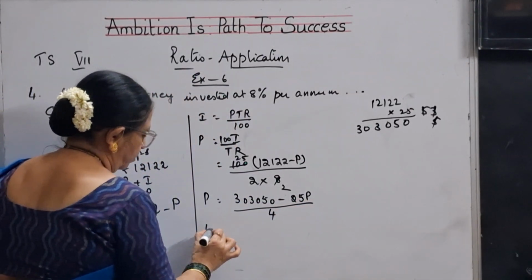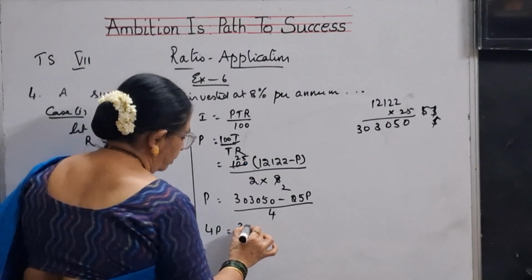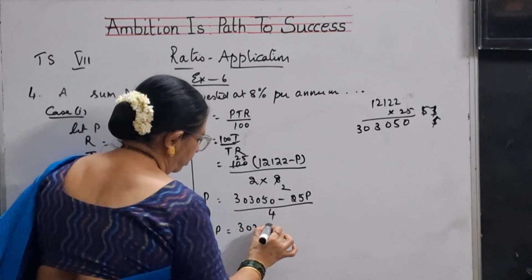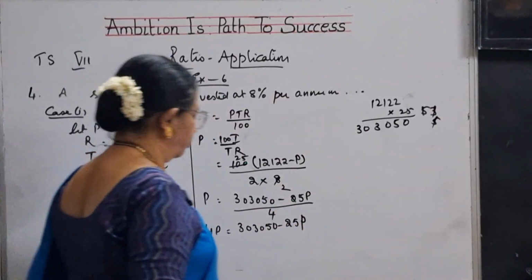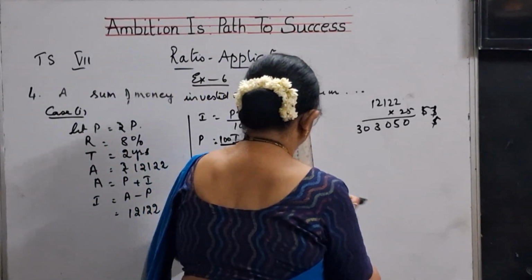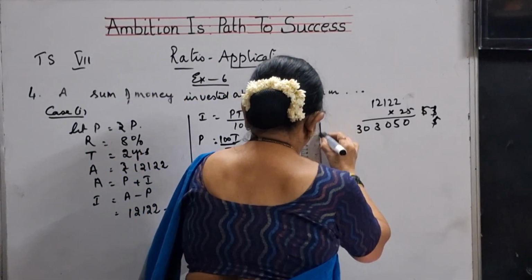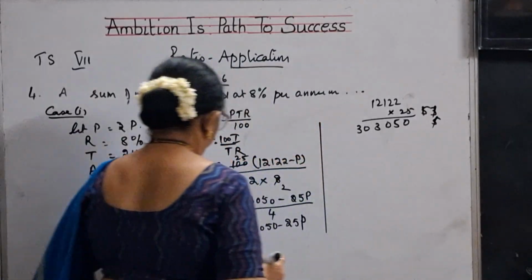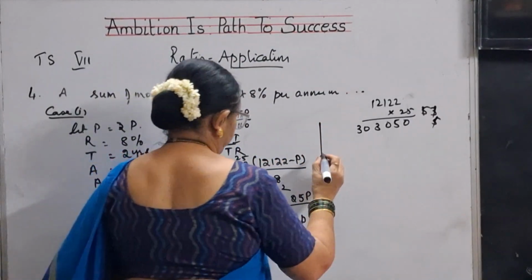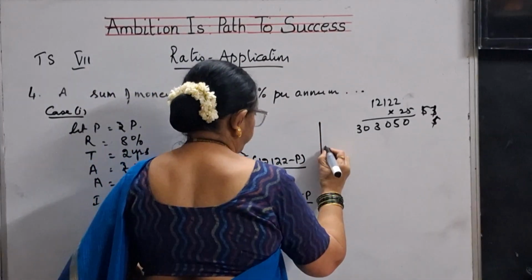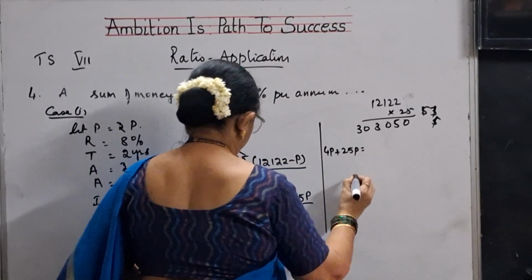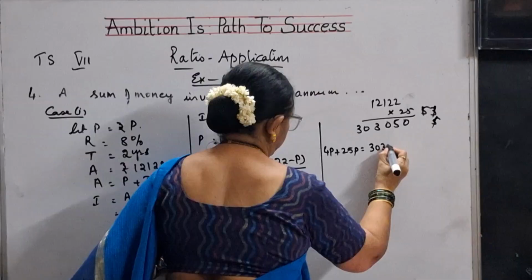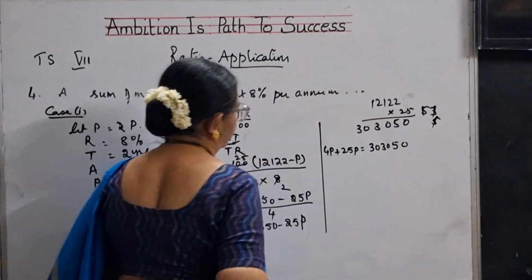So 4P is equal to 303050 minus 25P. So 4P plus 25P is equal to 303050.